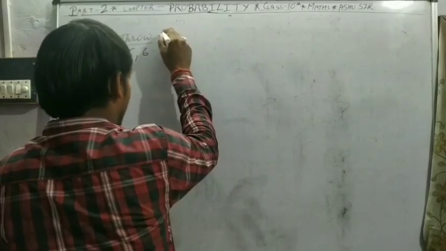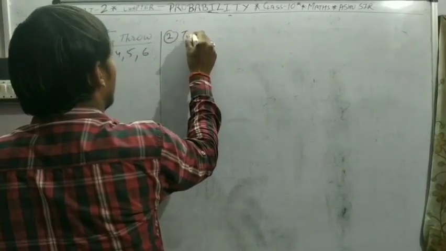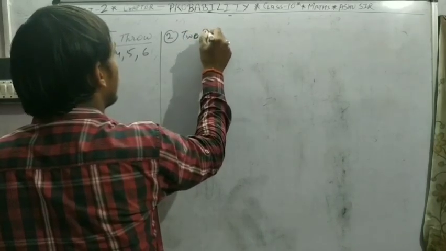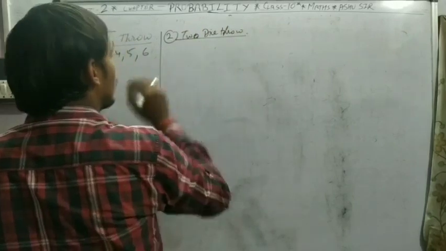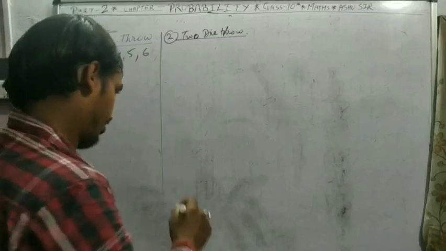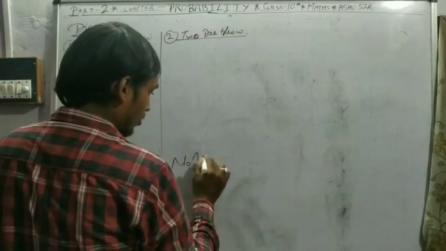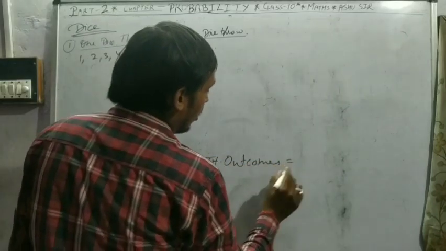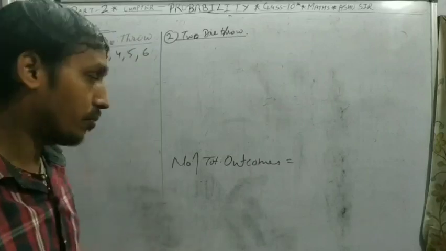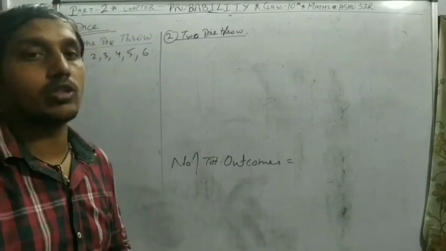If two dice are thrown, how many outcomes do you get? How many faces in a dice? Total number of outcomes. This formula is not in your syllabus, but for your knowledge, we explain how we find the total number of outcomes.